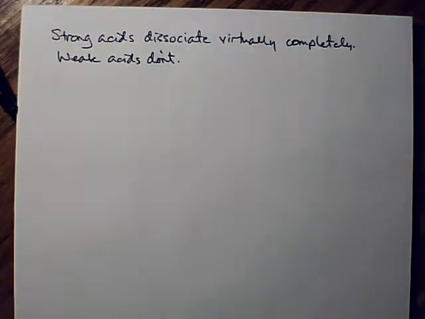Okay, that's the difference. The strong acids don't have anything to do with the pH. Strong acids have to do with how much hydrogen ion or hydronium ion you get in a solution. So I can take a really, really tiny amount of hydrochloric acid, a strong acid, and put it in water, and I don't get a low pH. But I can take a lot of a weak acid and still not get a low pH. Because it's all about how many of those hydrogen ions or hydronium ions we get in the water.